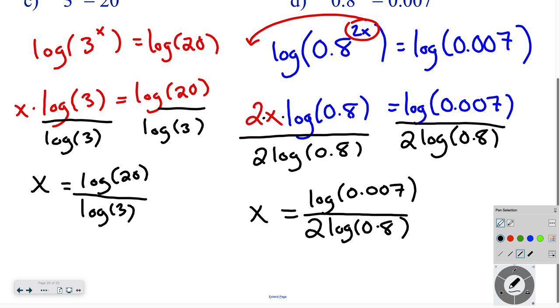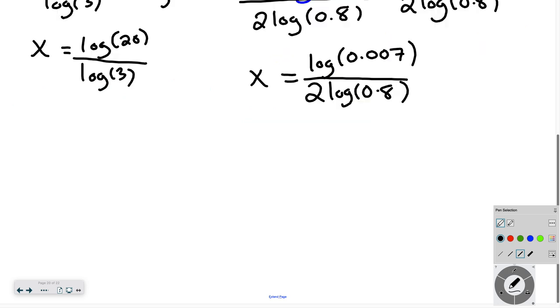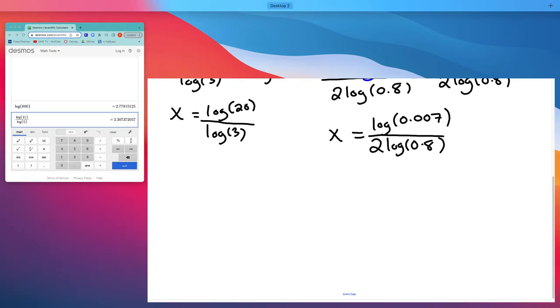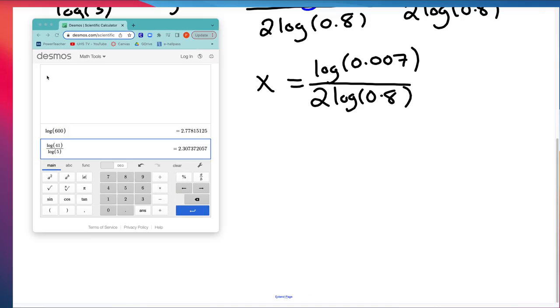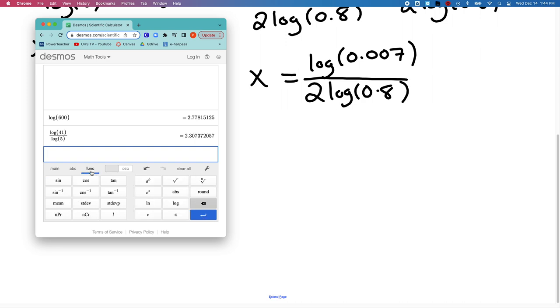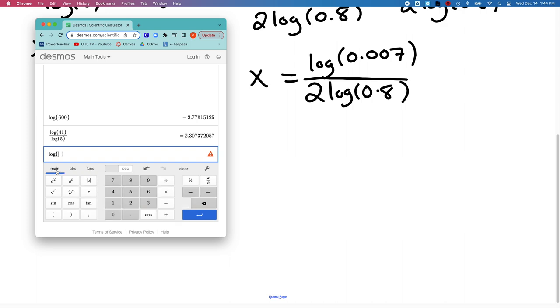I know it has decimals in it and there's a fraction involved, but again, if we had to approximate this value, we're going to have to throw it in the calculator here, right? So let me pull this back up here. So I'm going to type log 0.007.